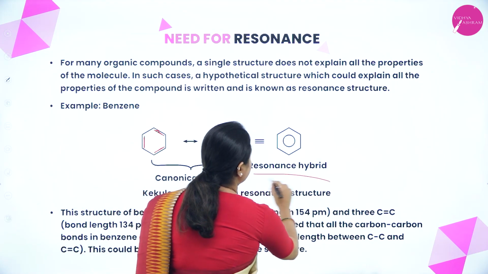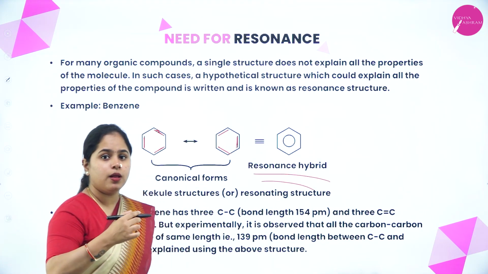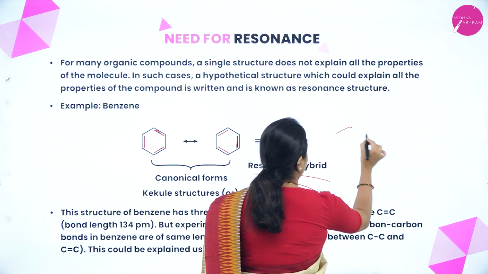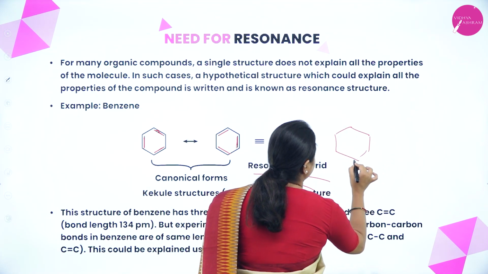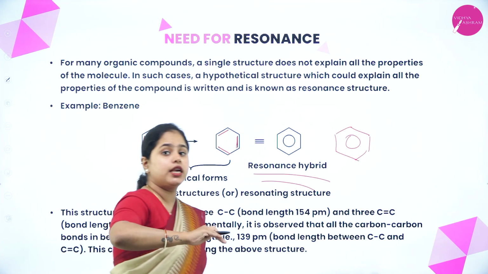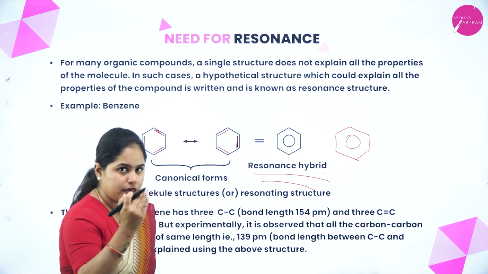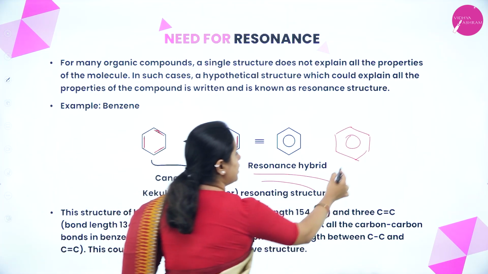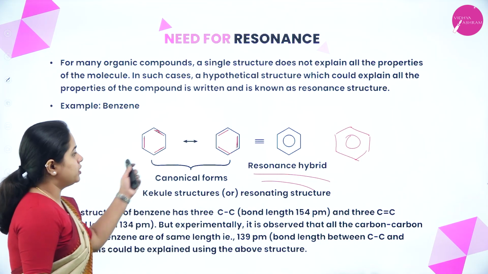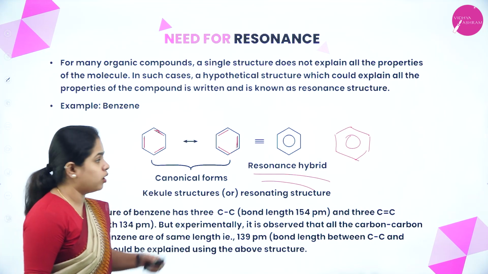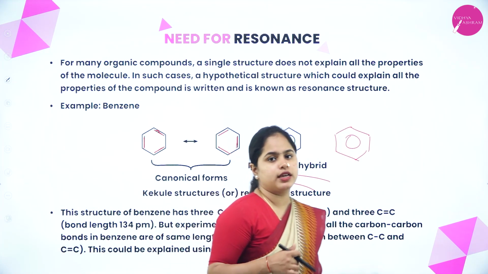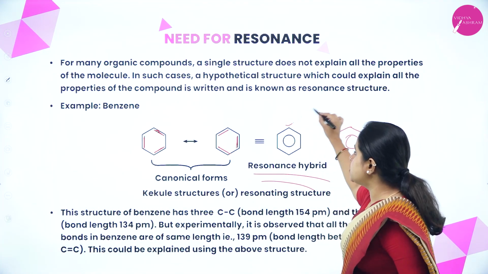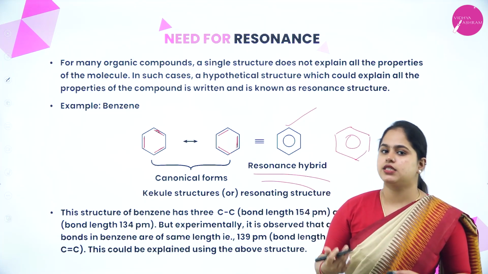How can you write the resonance hybrid? The benzene structure can be drawn with a ring in the center, which means continuous delocalization of pi electrons is happening, and the double bond can occupy any position. Together, we can draw it with a circle here. So, these two structures are called the canonical forms, and the hybrid of them is called the resonance hybrid, and this will have the least energy and the highest stability.